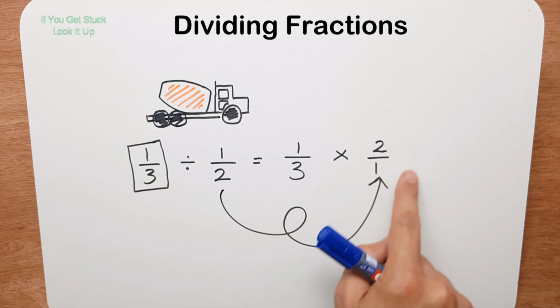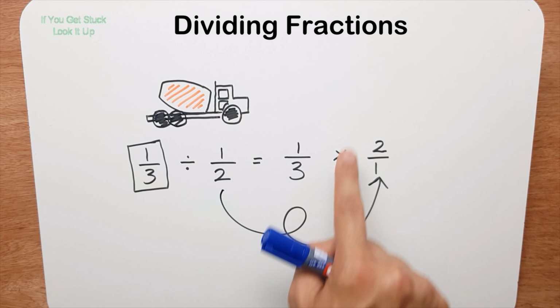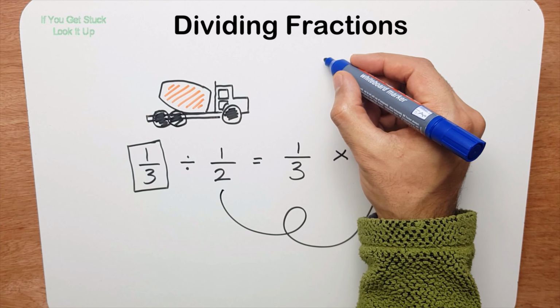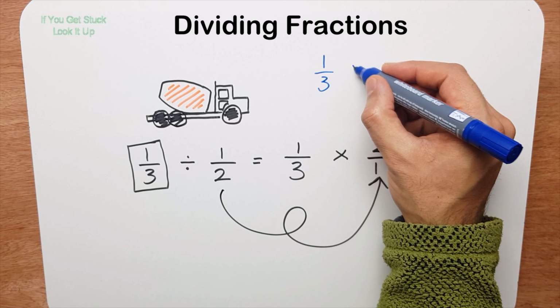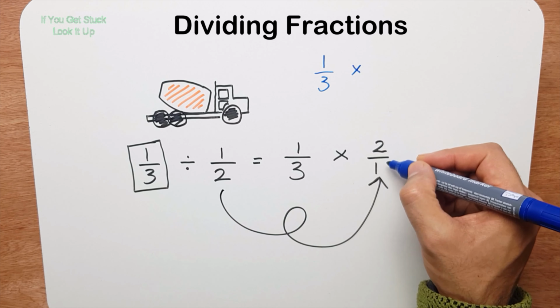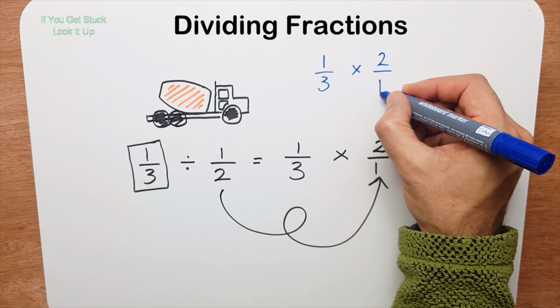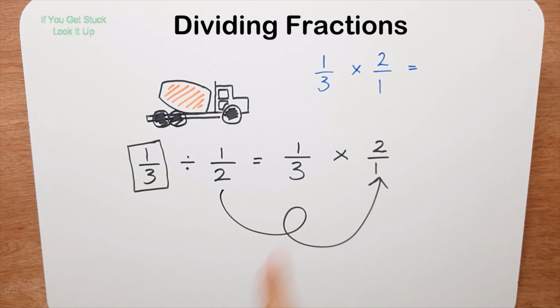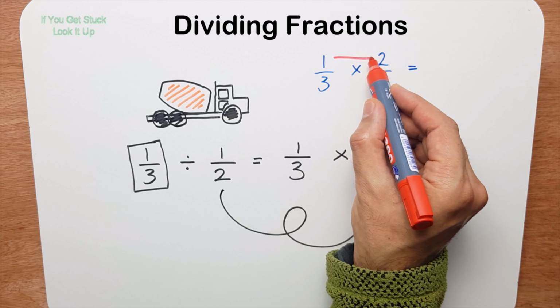Now let's look at this part very carefully. I'm going to write that up there. So I have 1/3 times 2/1, or 2 ones. Now what did we say about multiplying fractions? You multiply straight across.